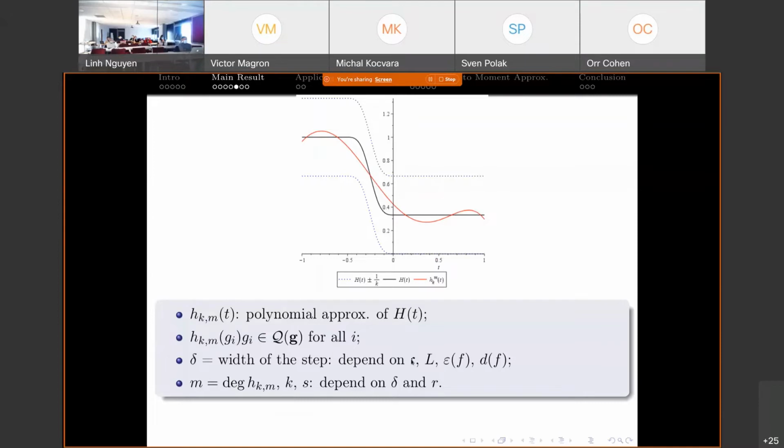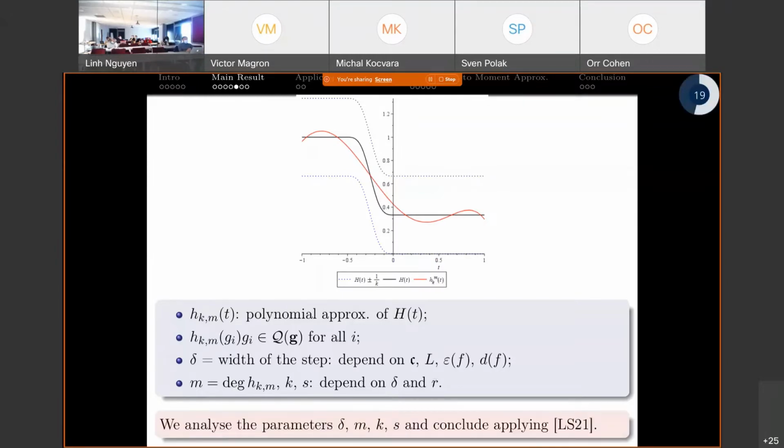And this delta depends on C, L, epsilon, and D, all the parameters. And the same will hold for M, which is the degree of this function, K, which is the minimum value of this function, and S, which is the coefficient that I've shown you in the previous slide. This all depends on delta and on R, the number of inequalities.